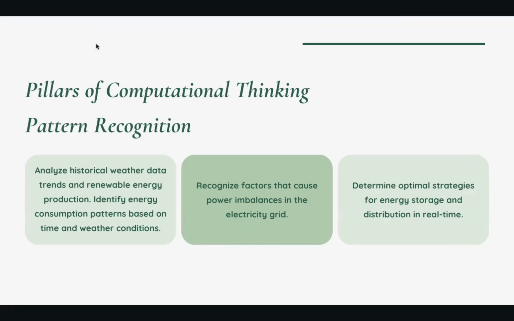In renewable energy, it is used to analyze historical weather data trends and allows us to recognize how past weather conditions affected energy production. The second one is to recognize factors that cause power imbalances in the electricity grid. And the last one is to determine optimal strategies for energy storage and distribution in real time. It is made easier by recognizing consumption patterns.